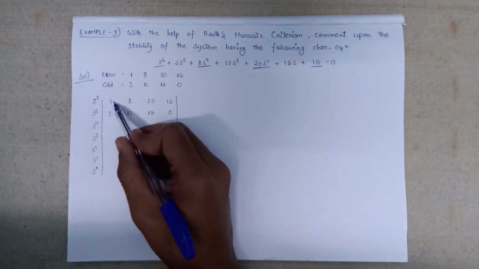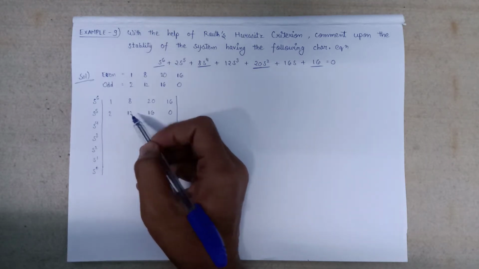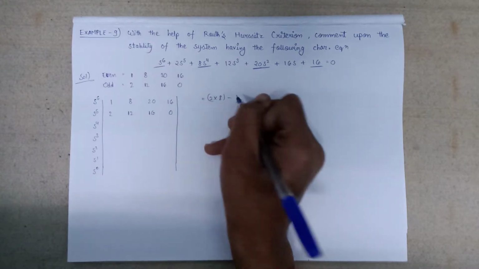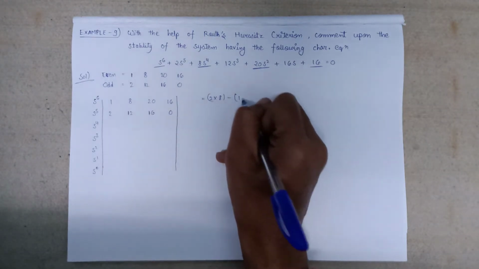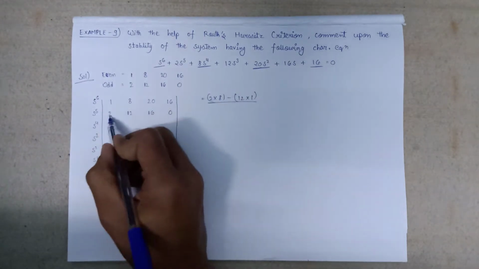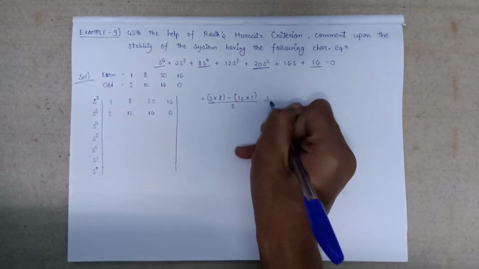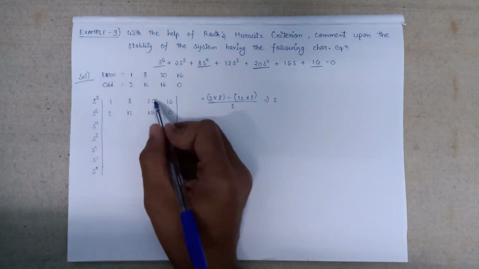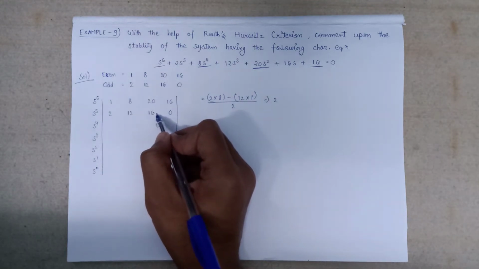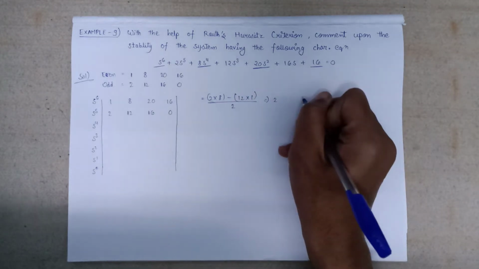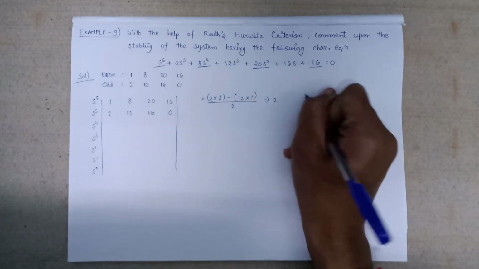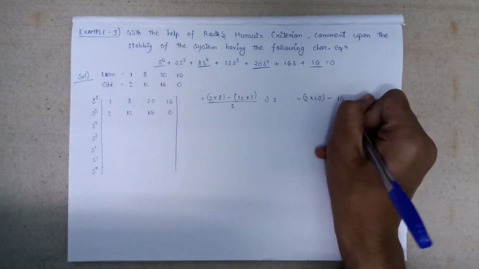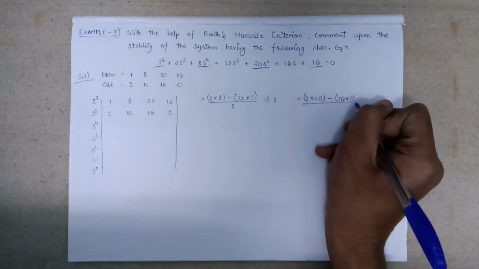First we take 1 and 2, 8 and 12. So 2 multiplied with 8, that is 2 into 8 minus 12 multiplied with 1, whole divided by 2. We get 2 as a result. Moving on to the next column, these two elements 20 and 16: 2 multiplied with 20 minus 16 multiplied with 1, whole divided by 2.